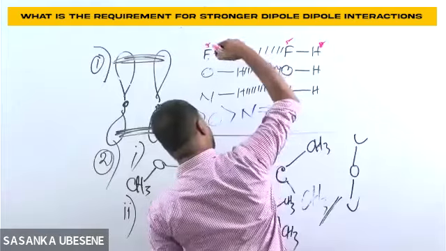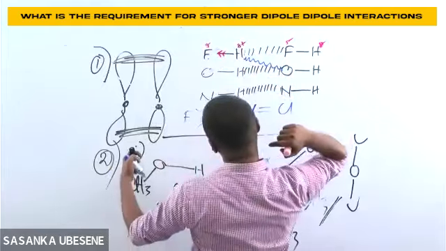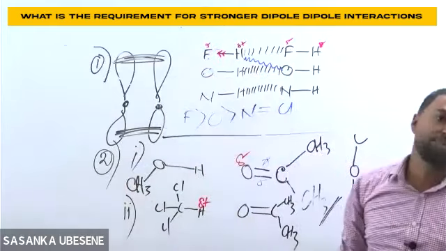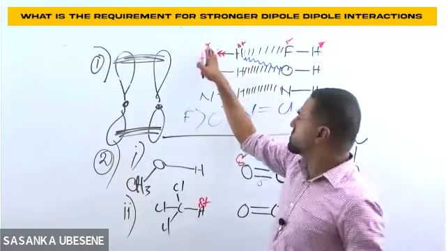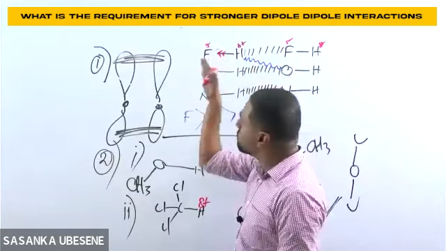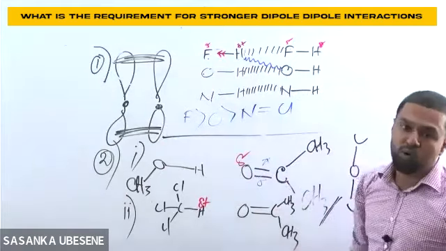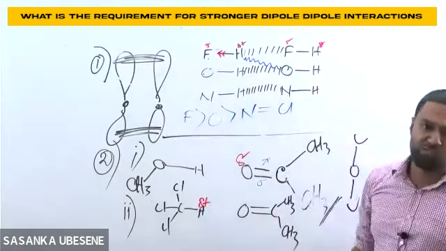It attracts electrons, or else it withdraws electrons through the hydrogen-fluorine bond. So you have a greater fractional positive charge.